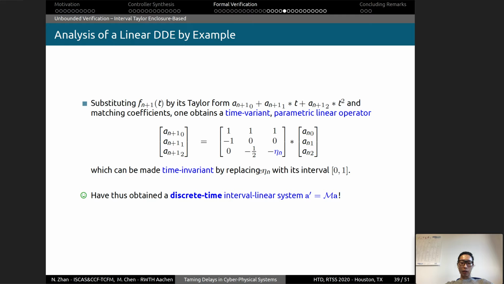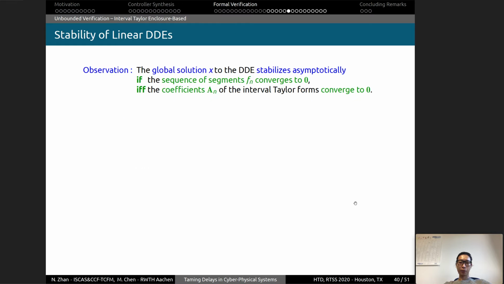Now by further replacing this term with a constant interval [0, 1], what we get is actually a time invariant discrete time linear system. And this is nice because we already have a lot of efforts that are able to verify safety or stability of such a linear operator.